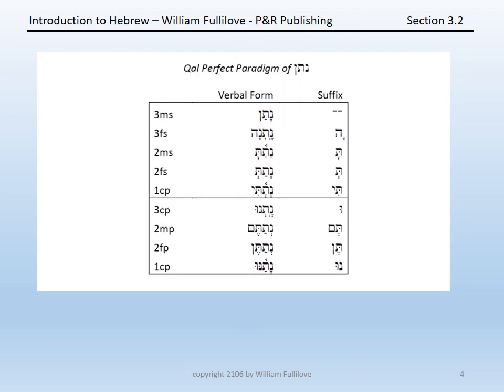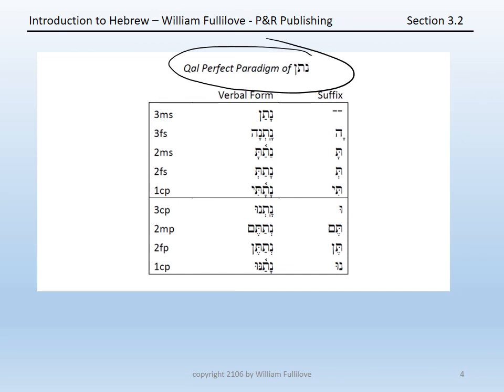We also learned in the previous chapters that the letter nun is a very weak consonant, and that unless a vowel intervenes, it will be assimilated into the following consonant. That assimilation causes a doubling of the following consonant and the presence of a dagesh forte. A verb in the Qal Perfect that ends in a nun, then, will often see its third nun, the last letter of the root, assimilated into the suffix.